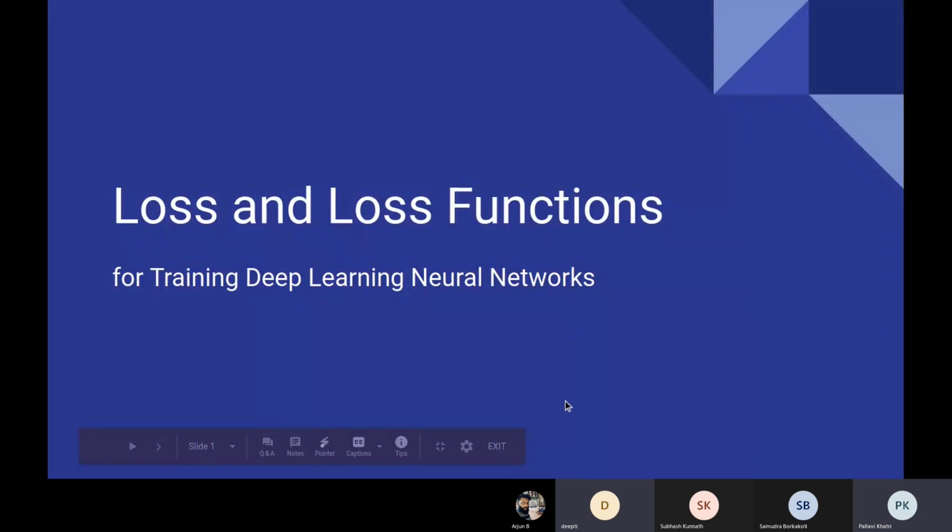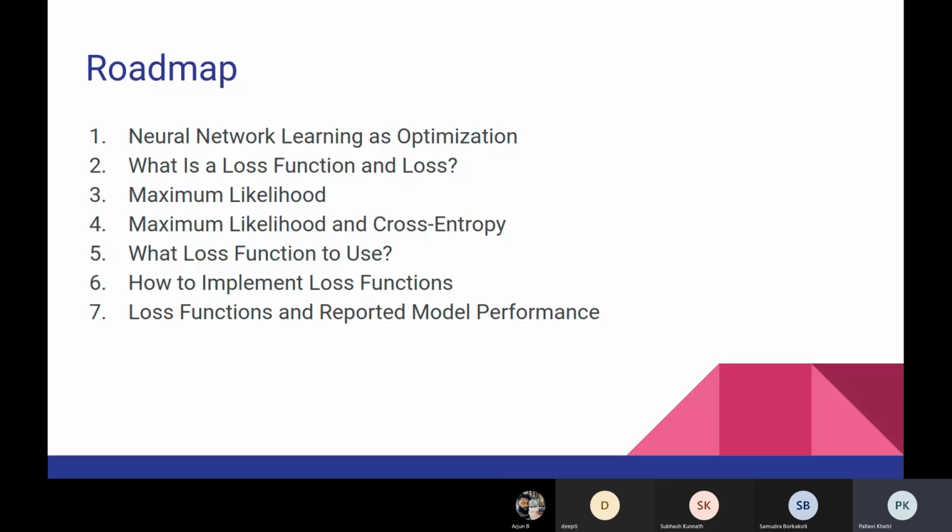So basically, the topic will be loss and loss functions for training deep neural networks. Our roadmap: first we'll look at how neural network learning is optimization. Then, what is a loss function and loss? Then there is a framework which is being used, that is maximum likelihood.